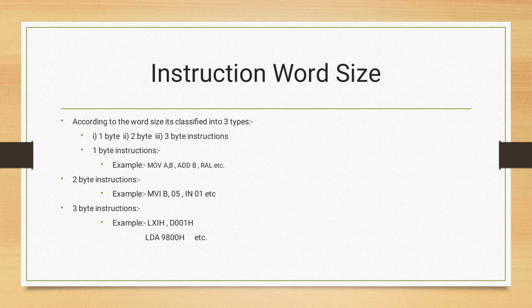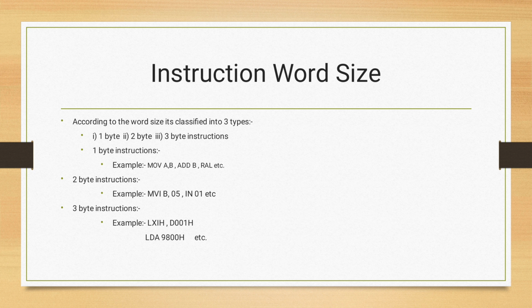Now for the second 2 byte instruction, IN 01 means read data at port B. For IN the code is DB, and 01 is the address of port B of the Intel 8255 on the microprocessor kit.